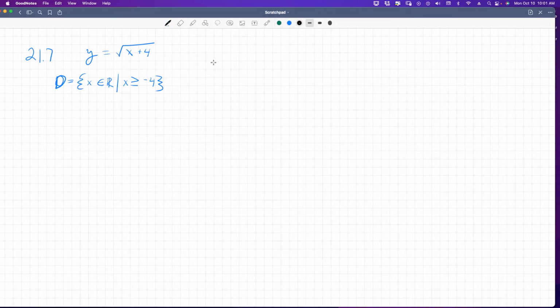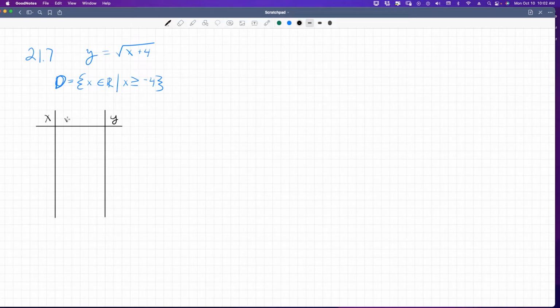I'm going to go over here to this. So if this is our domain, we're going to use it to find our range. So here's my little table down here. Here's my x values, here's my y values.